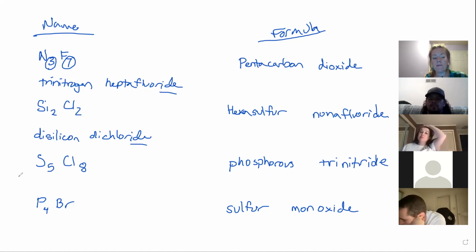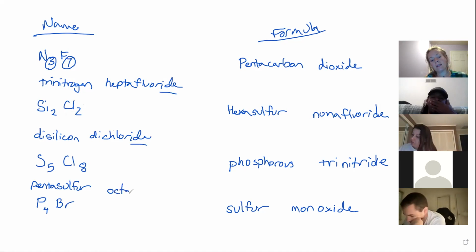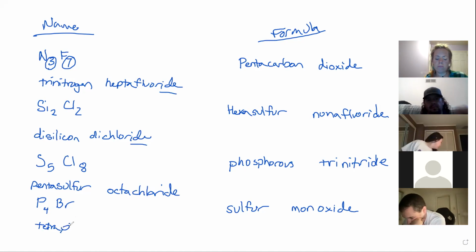This here, 5 is pentasulfur. 8 is octachloride. Down here, we've got 4 phosphorus, so tetraphosphorus.